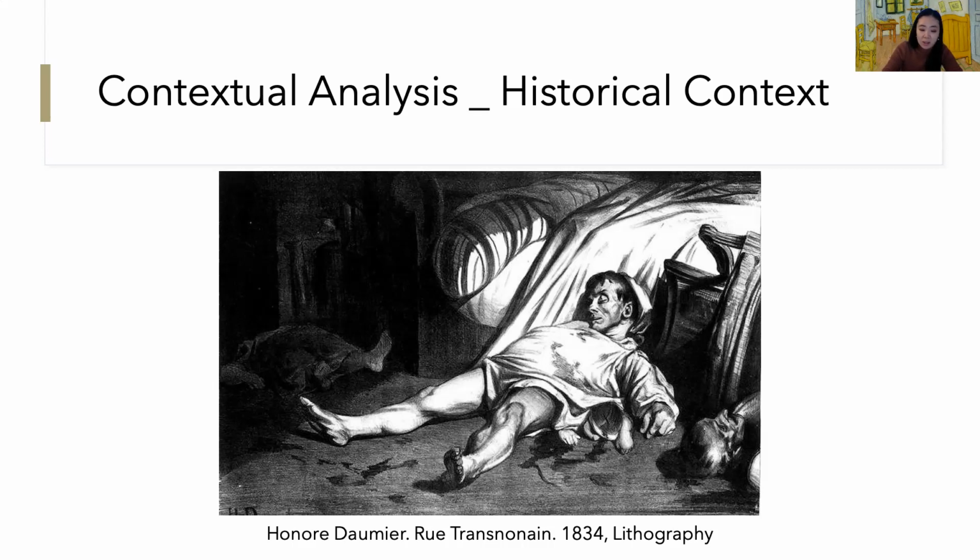All residents of the building, including old men, women, and children, were massacred. A bloody event that will remain in history as the massacre of Rue Transnonain, imaged by the painter and caricaturist Honoré Daumier.